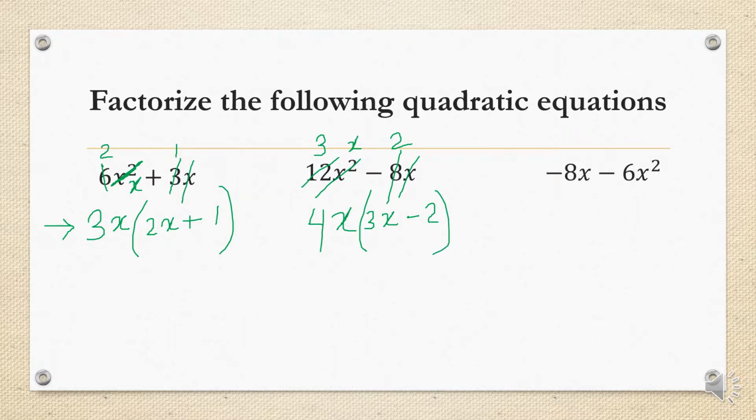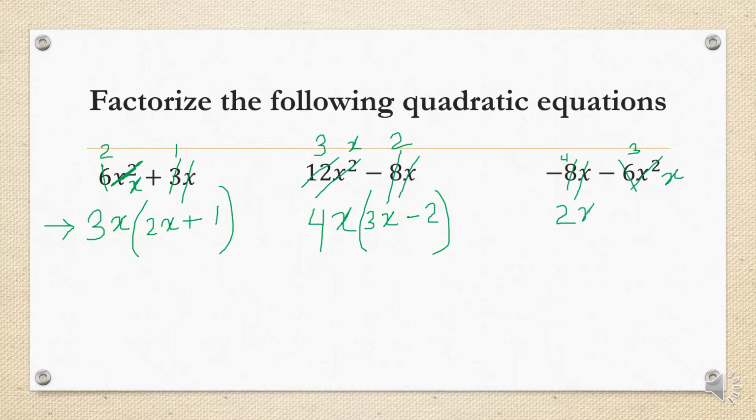Let's factorize yet another one. Let's deal with the numbers first. What's the highest common factor here that can go into 6 and 8? 2. 2 can go into 6 3 times, and 2 can go into 8 4 times. So 2 comes outside. Yes? Are there any other terms that we can factorize? Yes, the x. 1x on this side could factorize. x remains here.